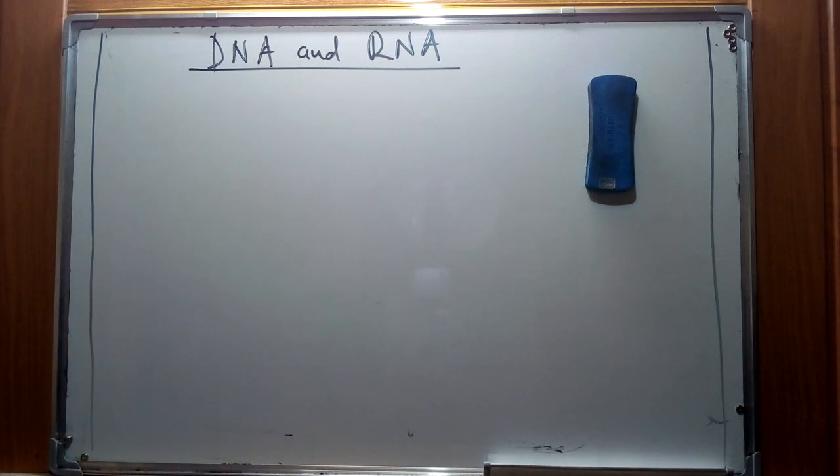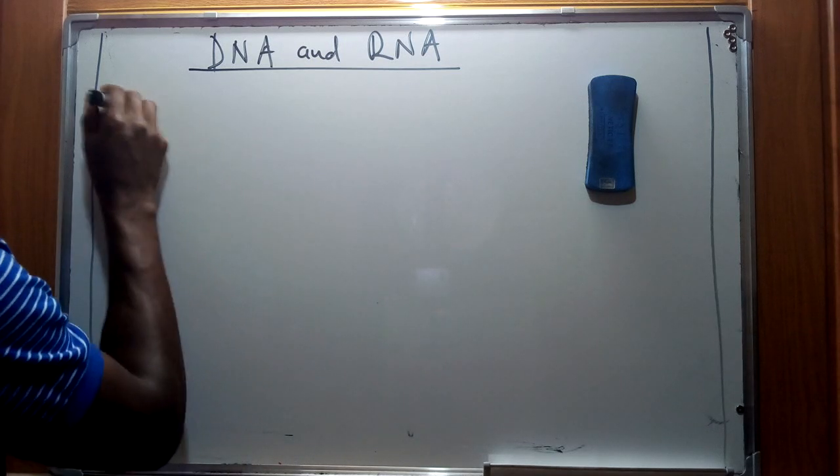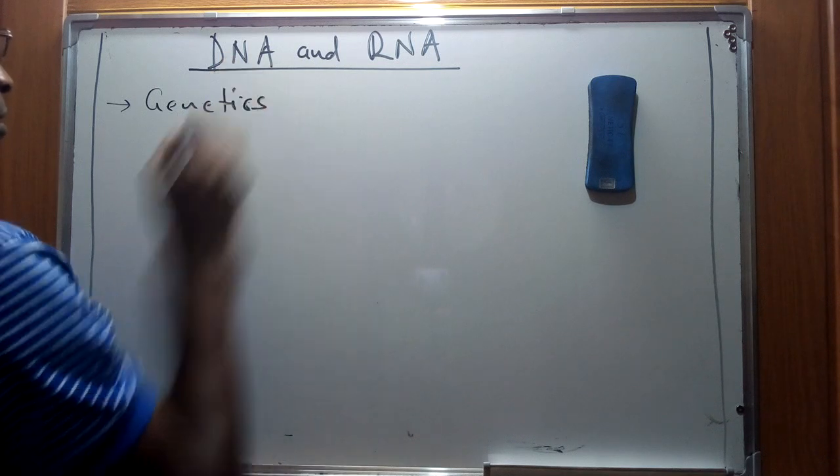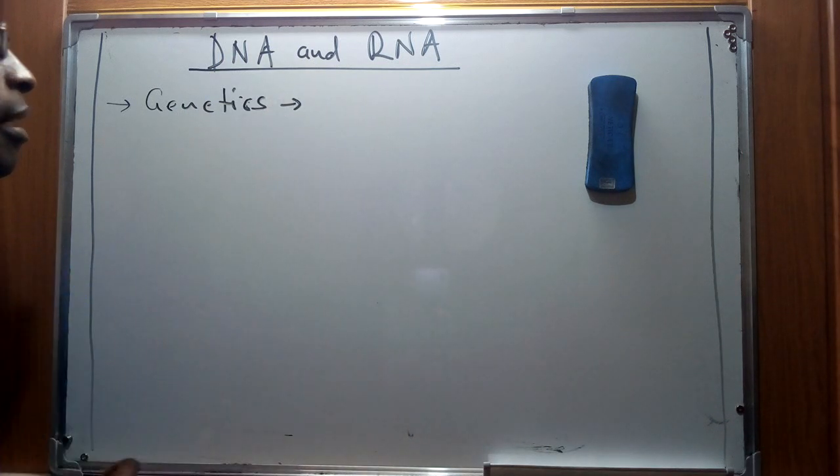Now, the concept of RNA and DNA, of course, we had mentioned them under the introduction to genetics, and we said that genetics is the study of inheritance and variations.